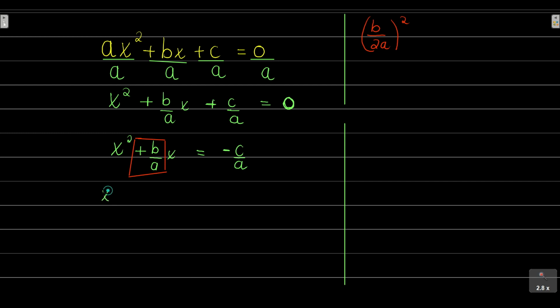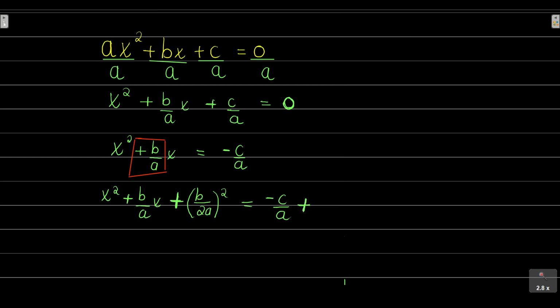So now we've got x squared plus, we keep that b over a x, plus that b over 2a all squared, which is equal to, we keep that negative c over a, plus that b over 2a all squared.